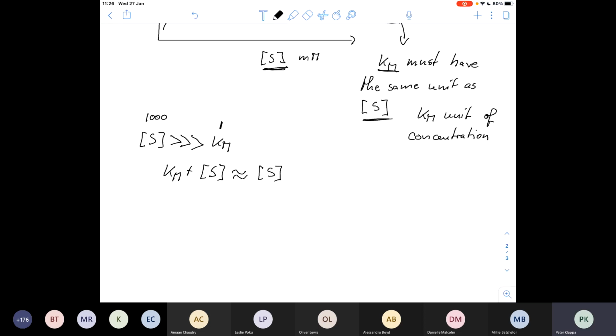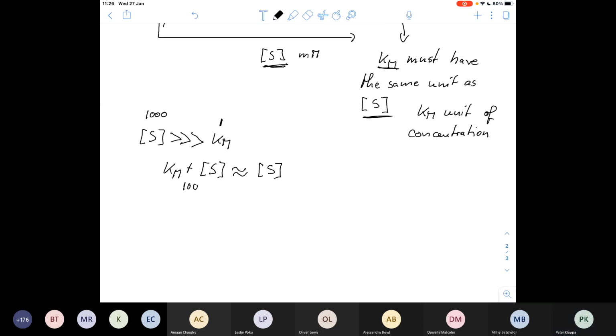And this 1001 is pretty close to our 1000. So instead of Km plus S, we can easily just say S, because S is so much bigger.